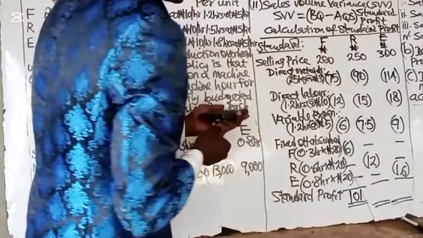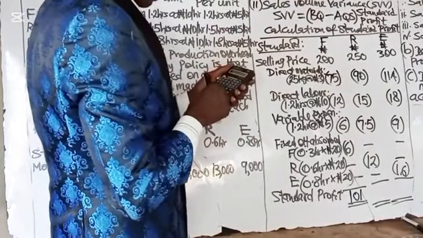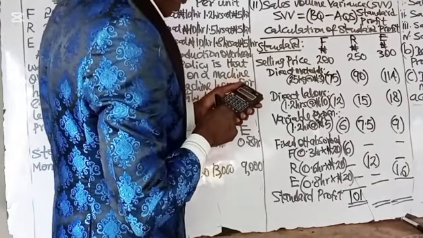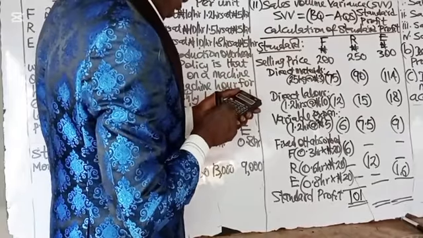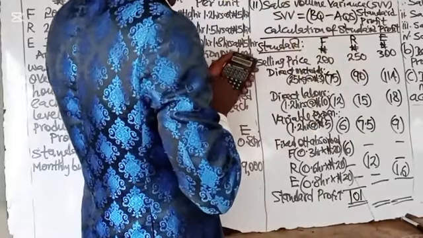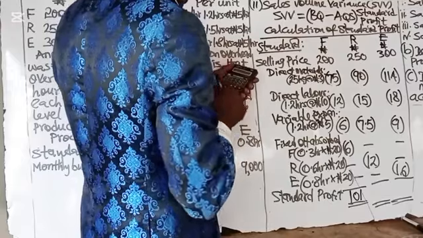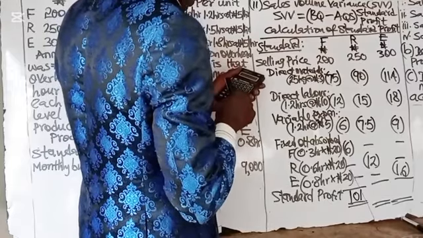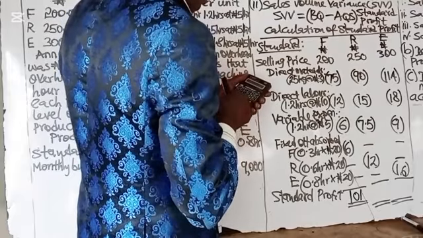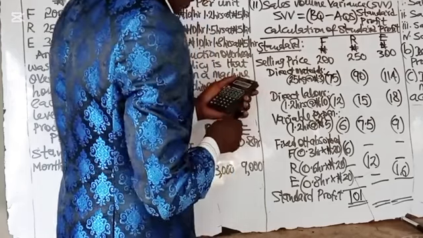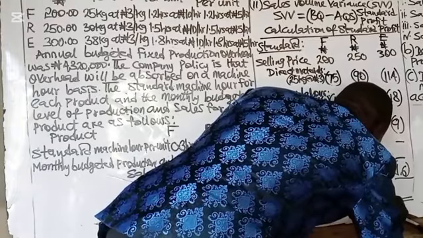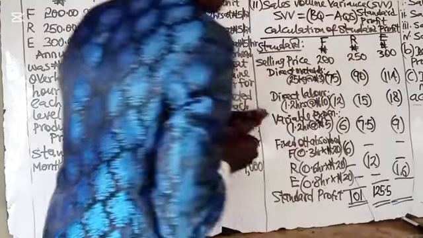Let me reconfirm that. 200 minus 75 minus 12 minus 6 minus 6. We have 101. Then that of R, we have 250 minus 90 minus 15 minus 7.5 minus 12. So we have 125.5. That is the standard profit.